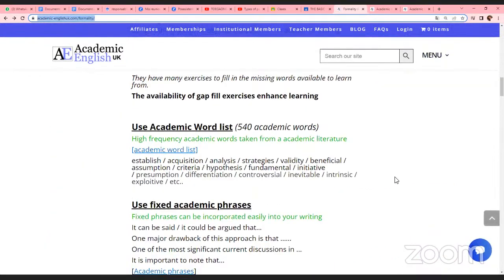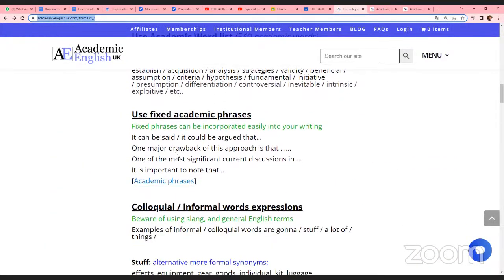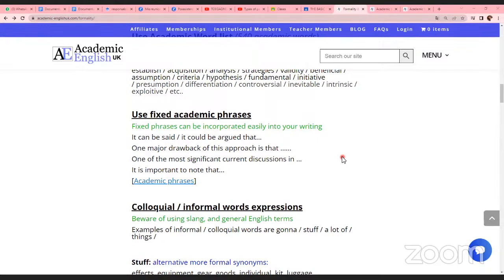The parallelism. Oh, okay. And we're going to finish at this point, okay? We have to use fixed academic phrases, right? So this can be incorporated easily into your writing, right? It can be said, or it could be argued, that is an academic phrase, right? So we actually use this voice.